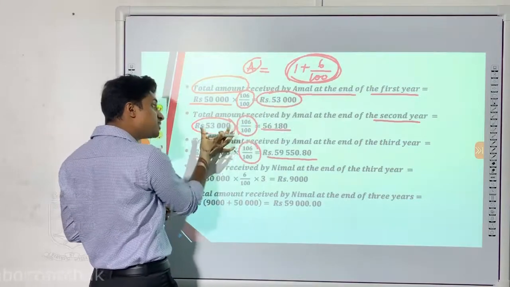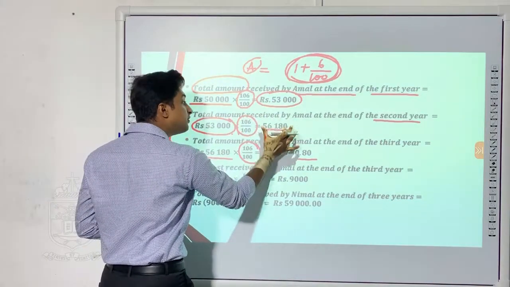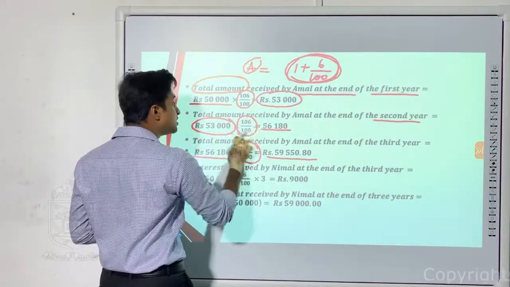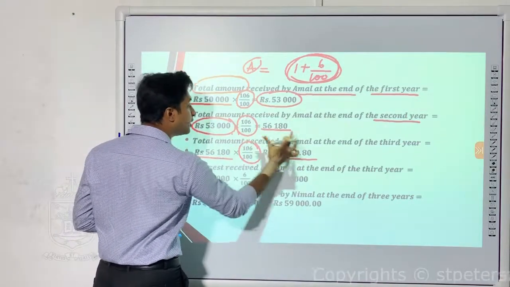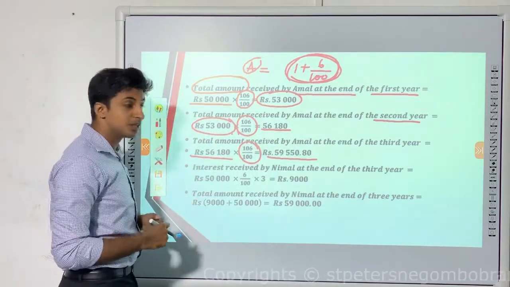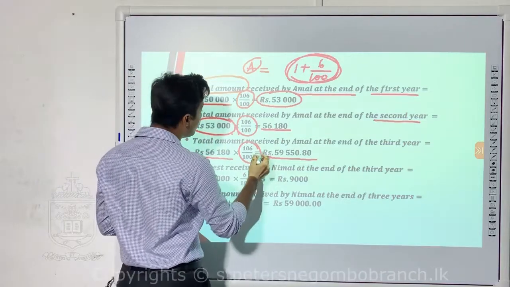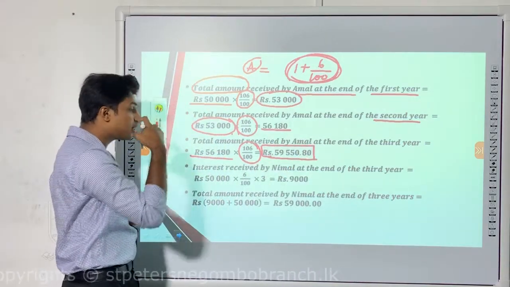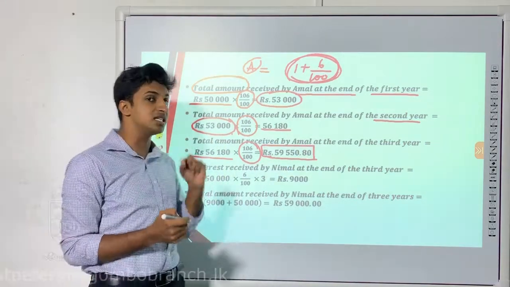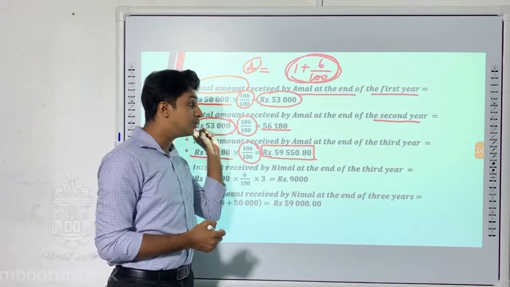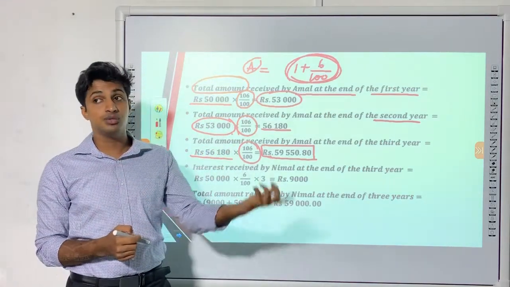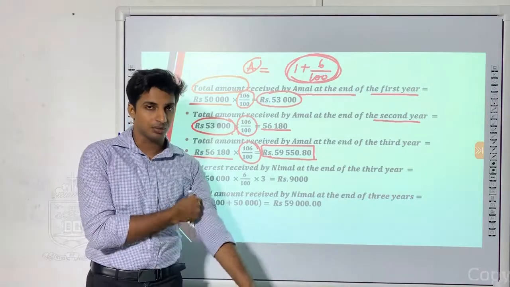Then using the first year's value, we compound it to get the value in the second year. Using the second year's value, we compound it to get the value of the third year. So by the end of the third year, Amal will have a total of 59,550 and 80 cents, right? At the end of the third year, he will have this using the compound interest account.